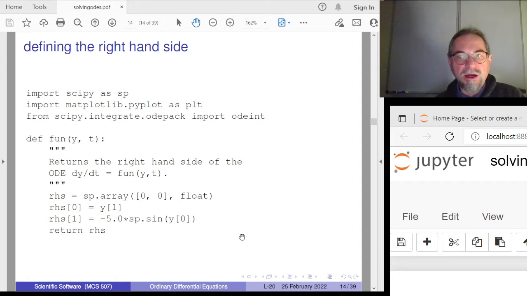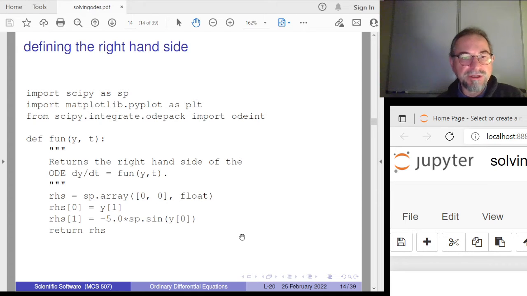So the higher order derivatives are actually replaced by first orders of auxiliary variables, very similar to how we introduce the velocity. And that is done here. So we have a function of time, and the function takes on input a y0 and a y1, and it returns the right hand side.